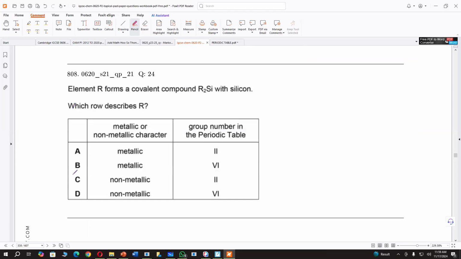Now, a covalent compound, so non-metallic. R is non-metallic and it's in group 7.